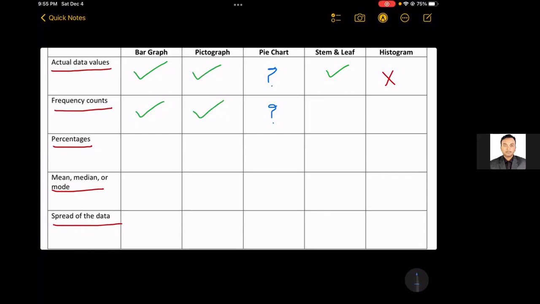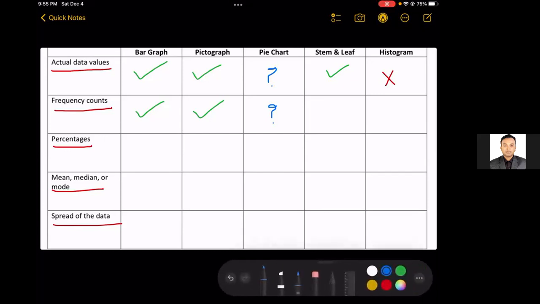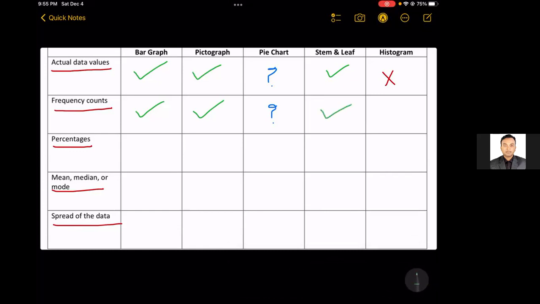Okay, stem and leaf, frequency, we can actually count, right? Because we can separate the values from the tenths and the other positions. So we could calculate the frequency, okay? And for histograms, obviously it works with frequencies, but not for precise values, only for ranges.